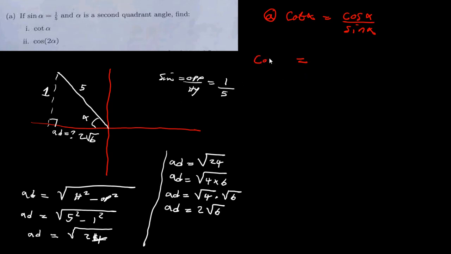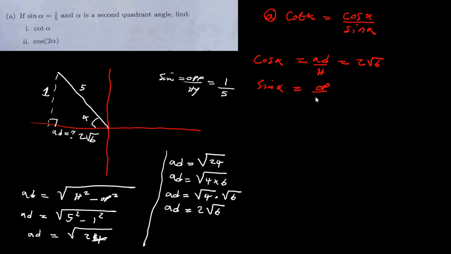Cos alpha is just adjacent over hypotenuse, and in this case the adjacent is 2 square root 6. What about sine alpha?